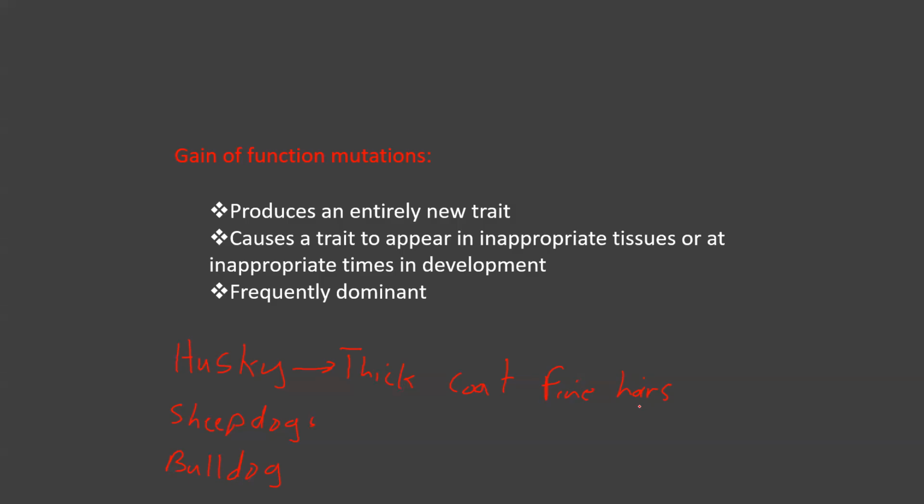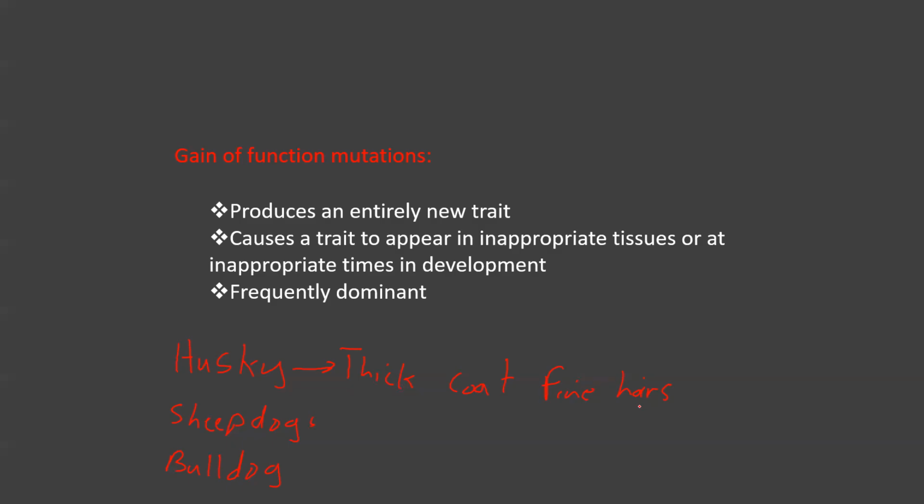Sheepdogs have long hair coats, but the coats are nowhere near as thick and fine because the dogs come from England, the UK, which gets cold sometimes. It even snows there fairly frequently, but it's nowhere near as cold as the Arctic.